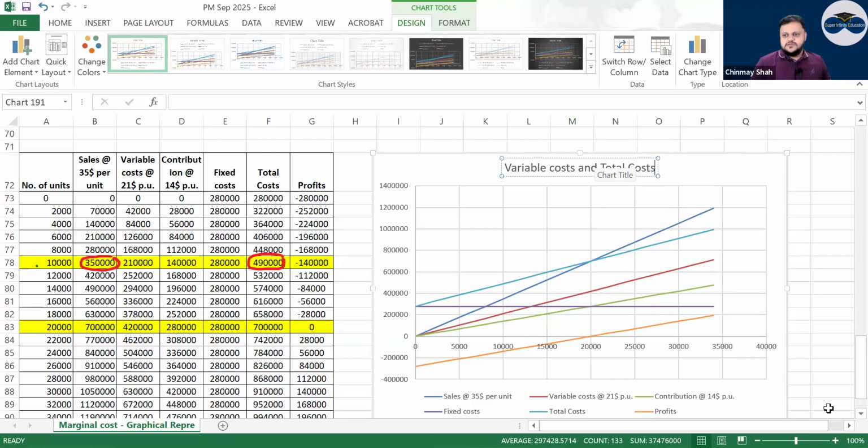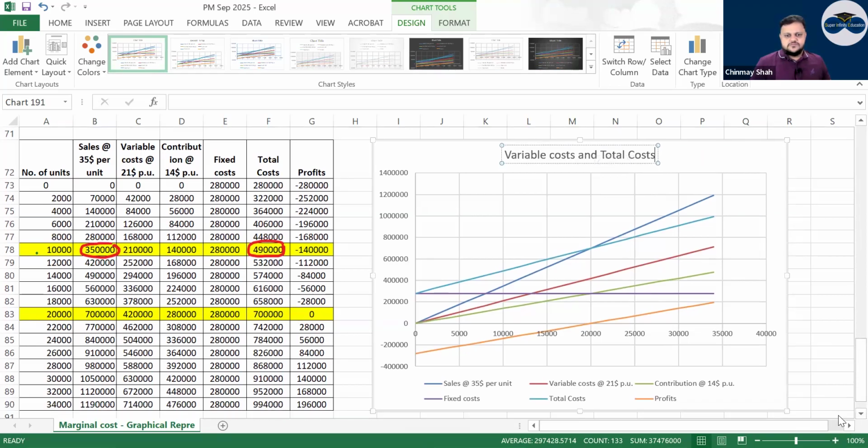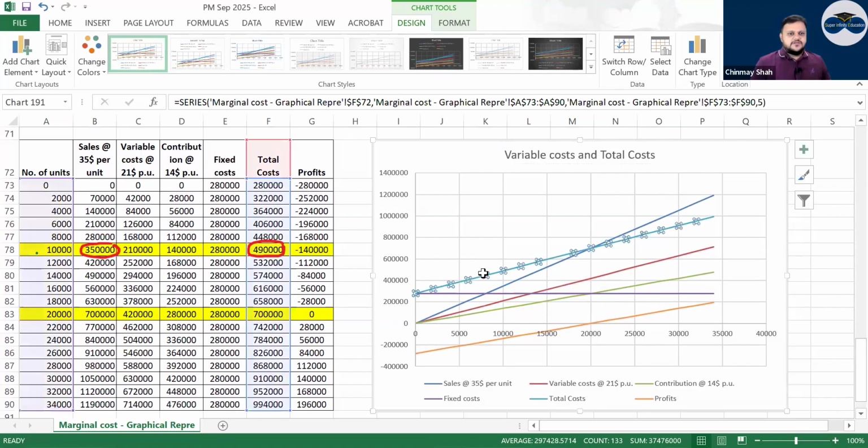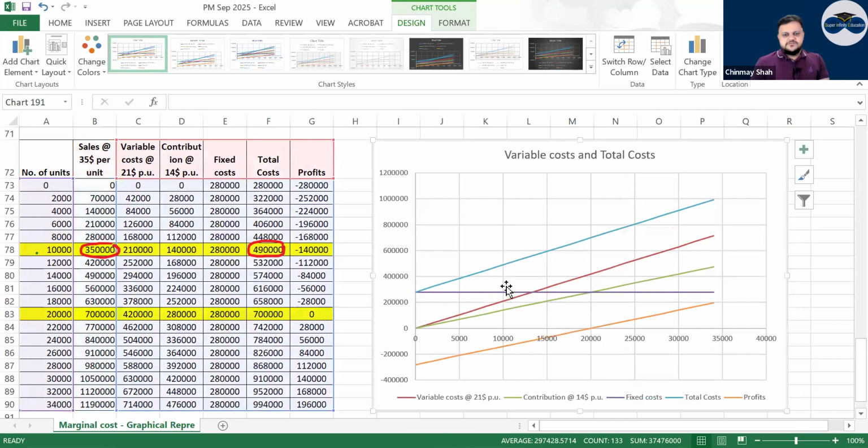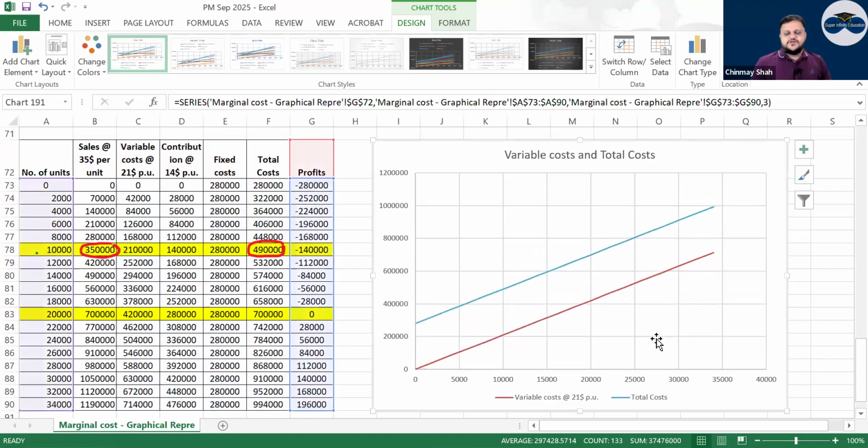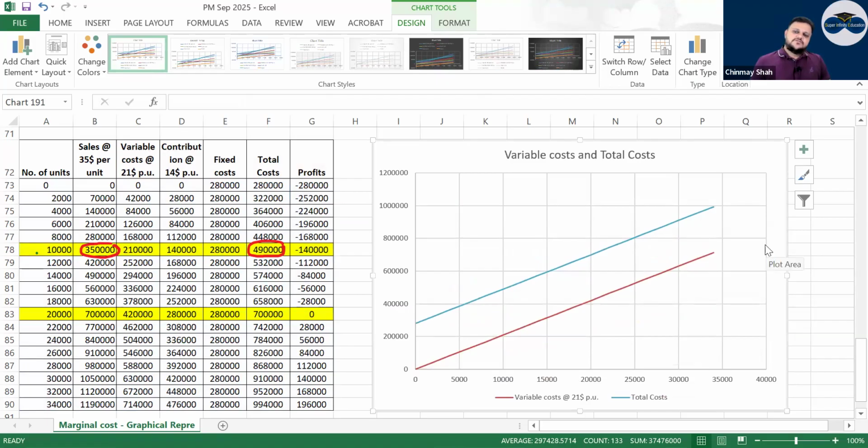We need total cost, we don't need sales, so remove it. Then we need variable cost. Contribution, do we need it? No. Fixed cost, do we need it? No. Profits, not at all.